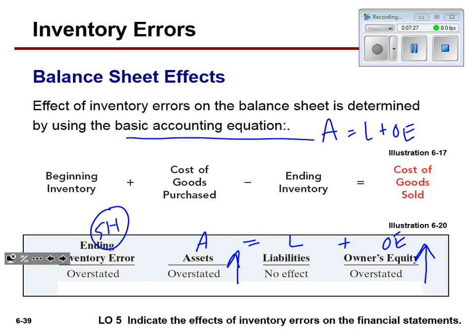We send little Johnny to go count all of our inventory, and if he says we have more than we actually do, it's going to make it look like we have more assets and like we're worth more. If it's understated, if Johnny forgets to count a whole pallet or a whole section, it's going to make it look like we own less and we're worth less.